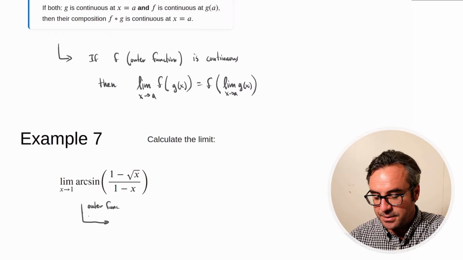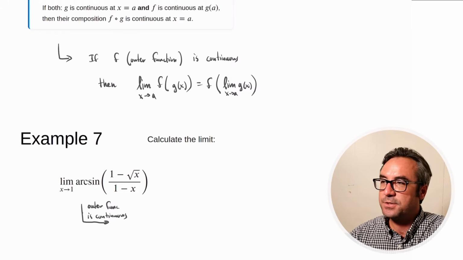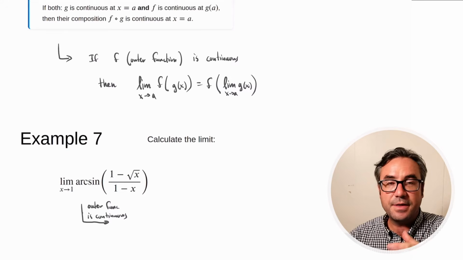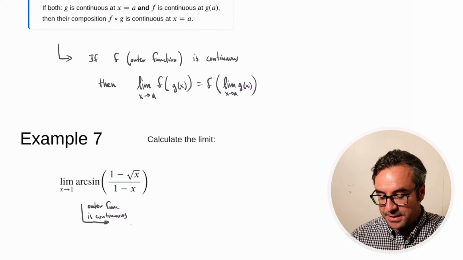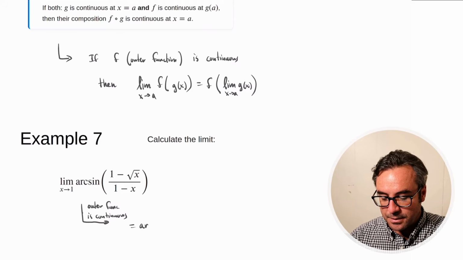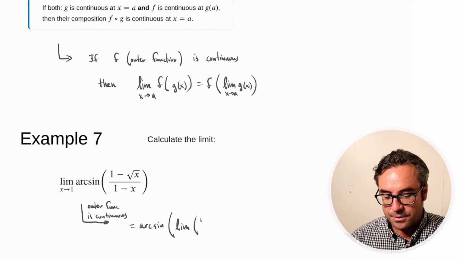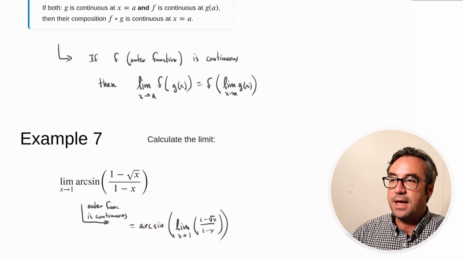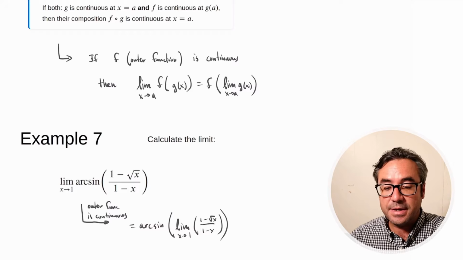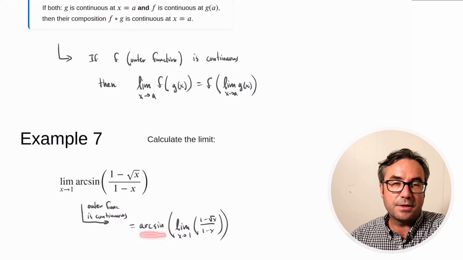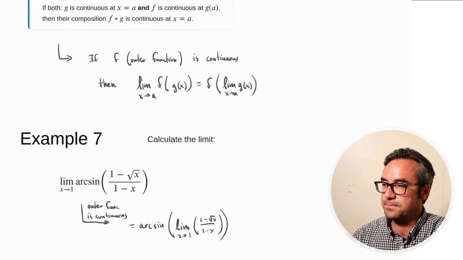Our outer function is continuous, so rather than calculating the limit of that entire thing, we can instead calculate first the limit of just that inner function, 1 minus square root x over 1 minus x. And then once we figure out what that inner limit is, we can just plug that result into the arc sine function.